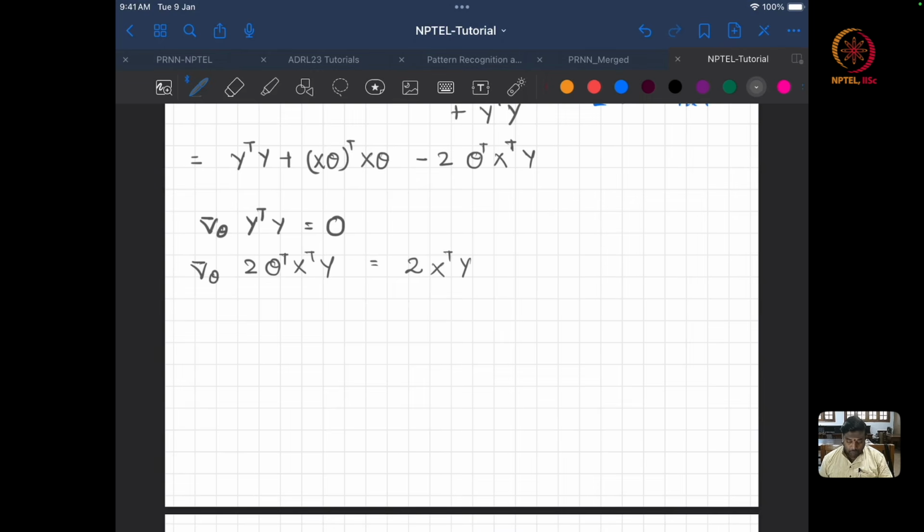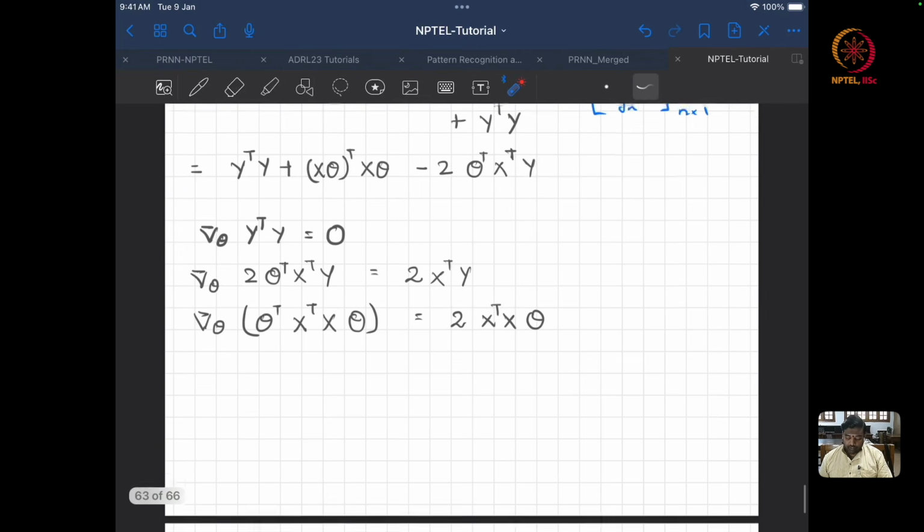Now, theta transpose x transpose x theta, if I take the partial derivative of this, it will be 2 into x transpose x theta.